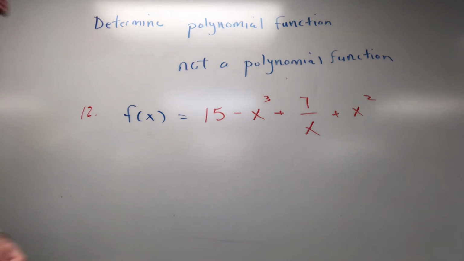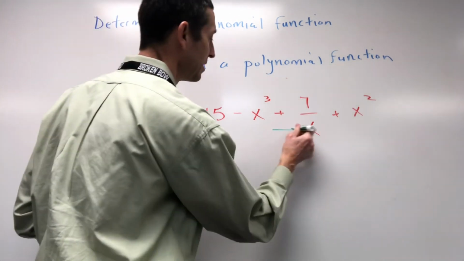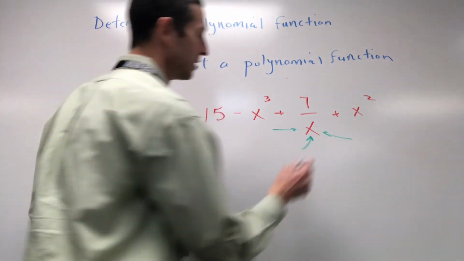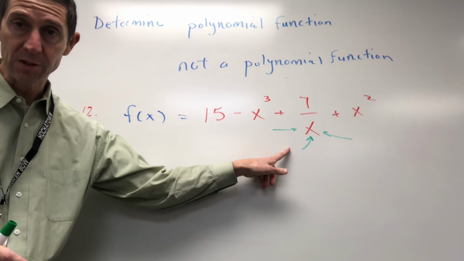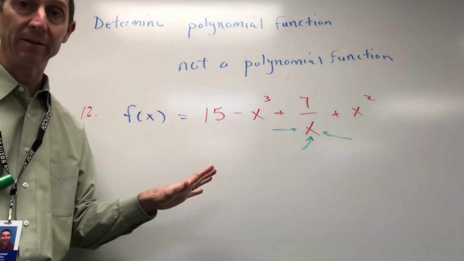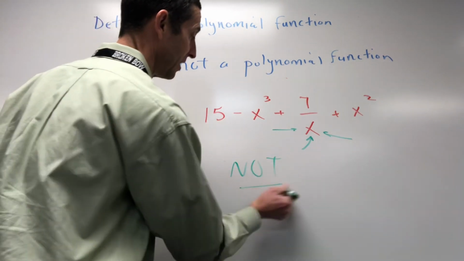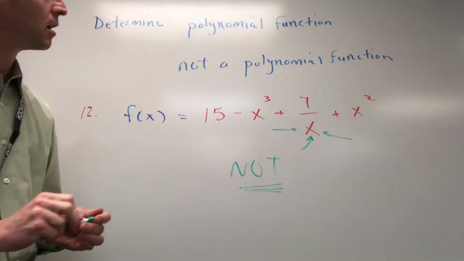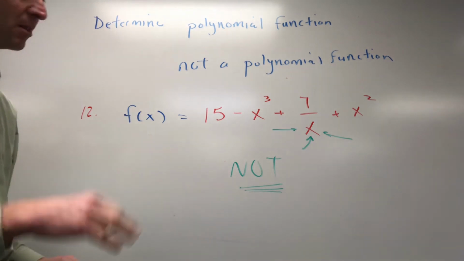What disqualifies this as a function is an x on the bottom of a fraction. If your x shows up in the denominator, then there is no way this is going to be a function. So just like, nope, not today. All right, I got one more left where I can show you the difference on these fractions.